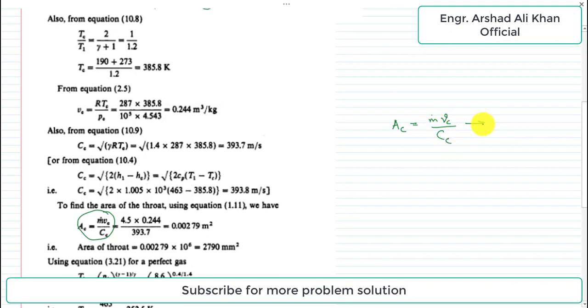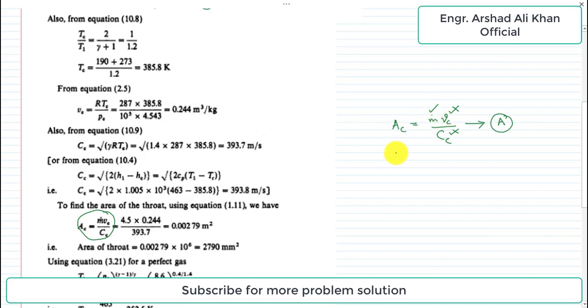So we should know about the values of these parameters. Let's suppose this is equation A. In this expression we have given mass flow rate and it is 4.5 kilogram per second. Vc and Cc are unknown.